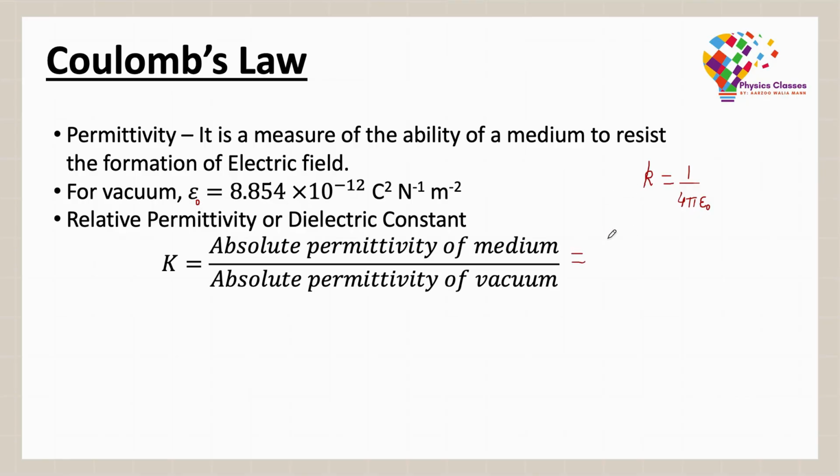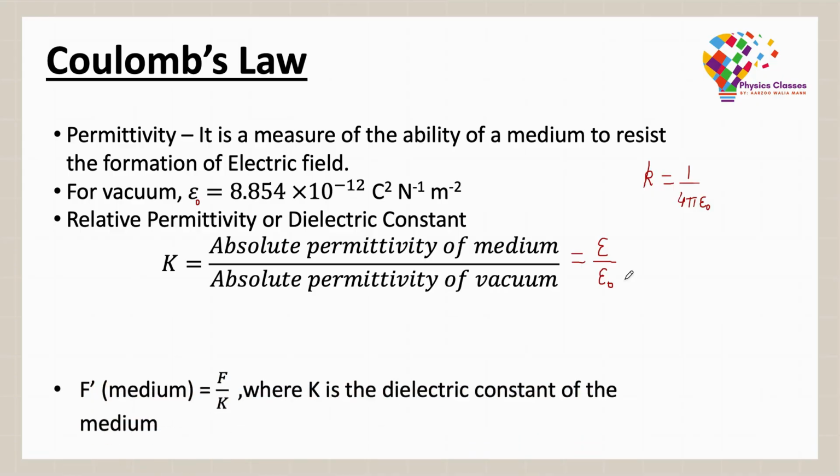The absolute permittivity of a medium we would generally represent by epsilon, and that of vacuum is represented by epsilon naught. So if I take the ratio of these two, then I get my K, which is the dielectric constant. So if you would put your charges in some other medium, then the force would be different. Then rather than taking epsilon naught in your K value, you will have to make use of epsilon.